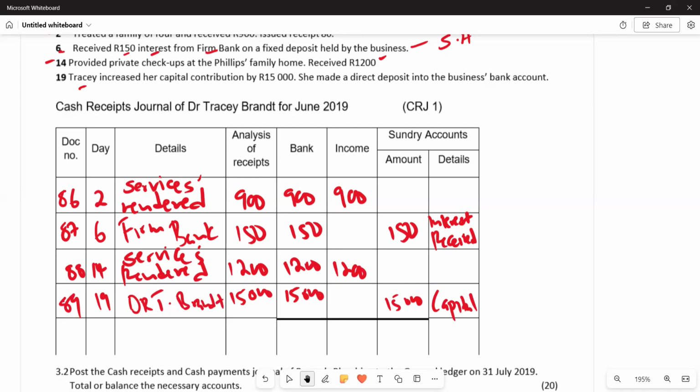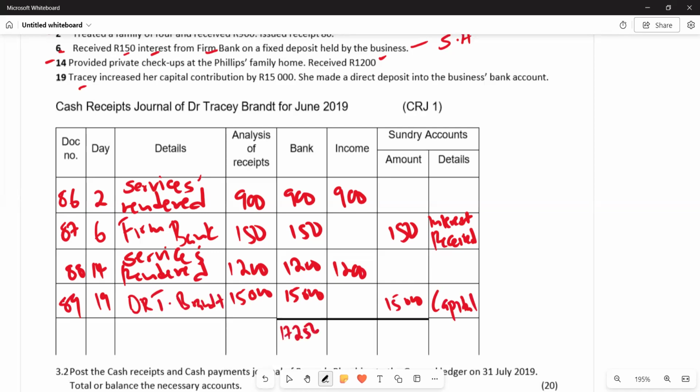Now we are supposed to add the total figures, starting from our analysis of receipts, and then add the bank column, the income column, and the amount on the sundry account. So if we say 900 plus 150 plus 1,200 plus 15,000, we are going to get 17,250.